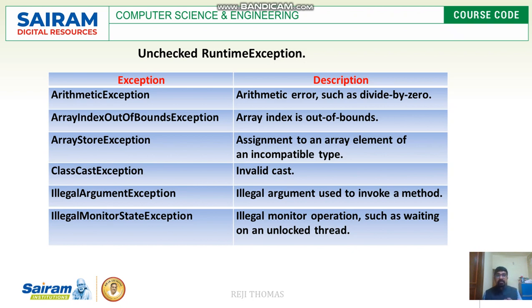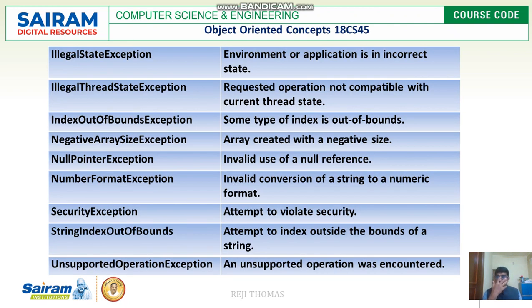Arithmetic errors such as divide by 0 give an ArithmeticException, or invalid casting, type casting, or argument exceptions. If we use an invalid argument to invoke a method, that gives an error called IllegalArgumentException. Then we have IllegalStateException and UnsupportedOperationException. Everything you can see on the screen is an unchecked exception.